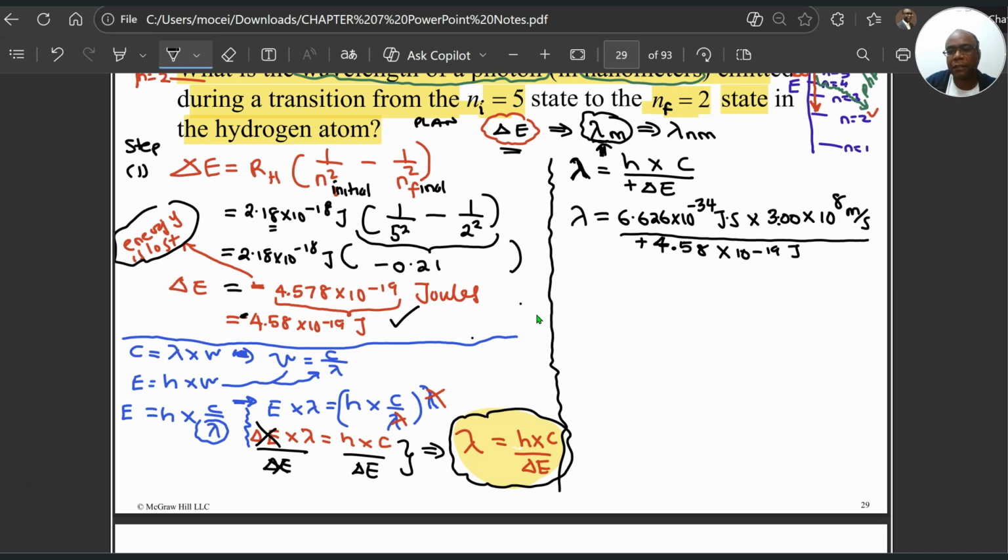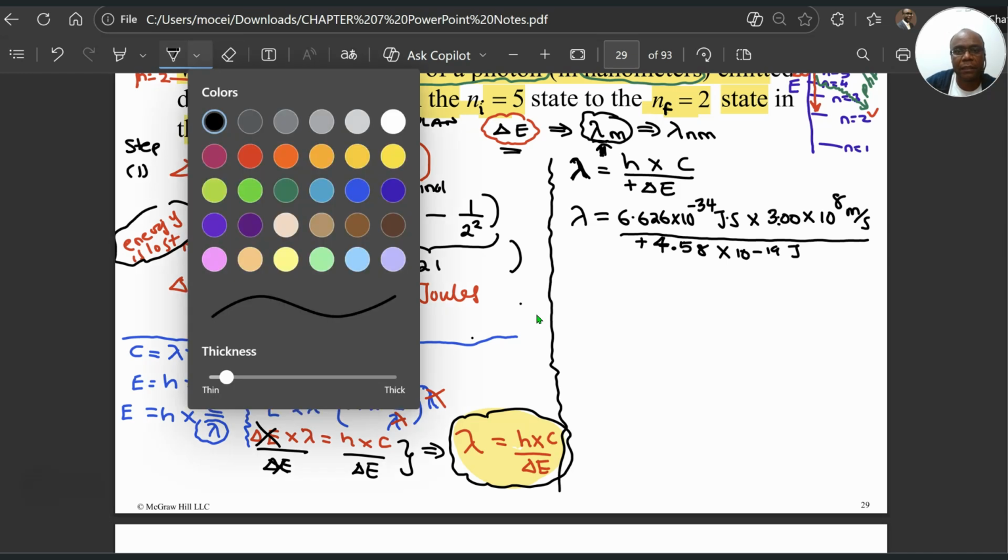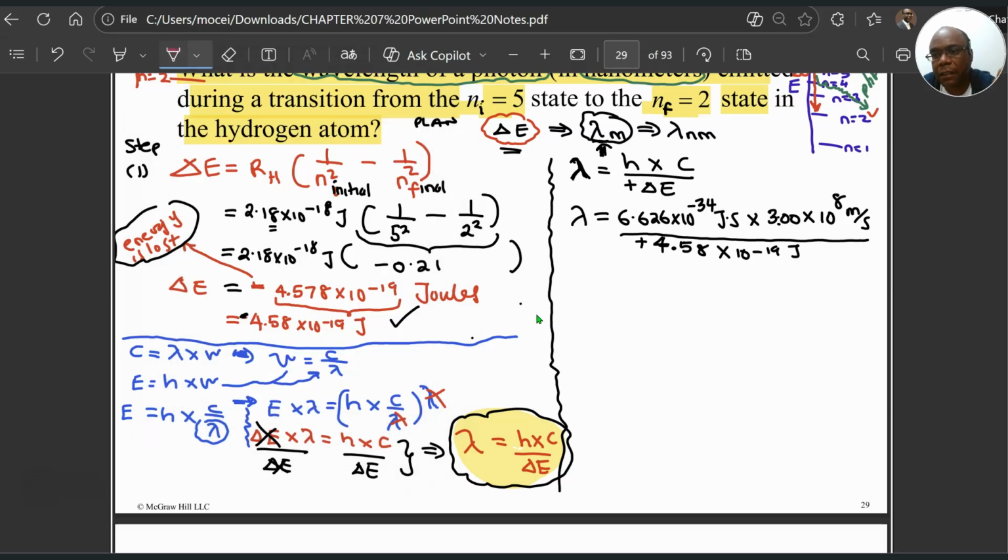So what is left now is to punch in the numbers. But before we do that, the SI units of joules and joules will cancel, seconds and seconds will cancel. See, we are left with meters. Our wavelength will have some answer here in meters. It's a length, so we have to give it in meters. Let's do the math.